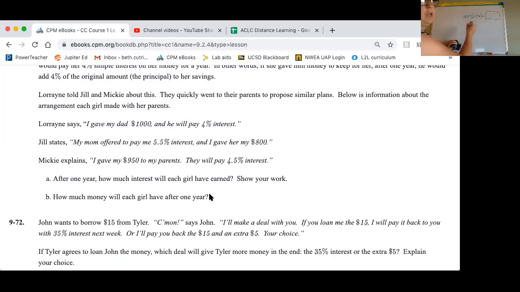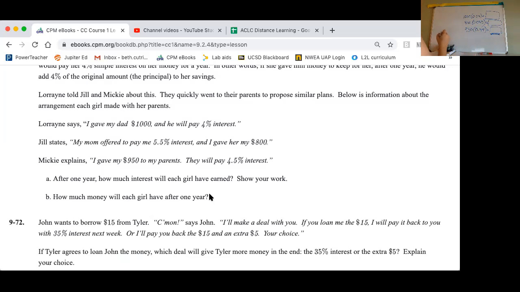Jill has 800 times the 5.5%, what she's going to make. And then we have 950 times 4.5%. So plug that in your calculator and you'll get the amount, and then add this amount.